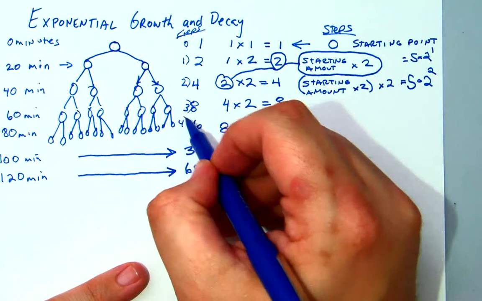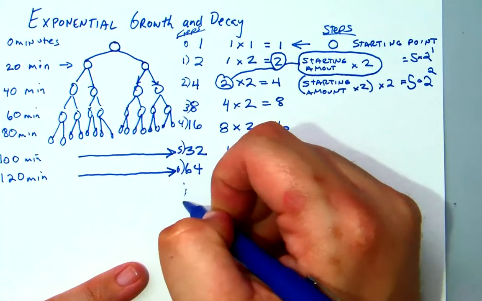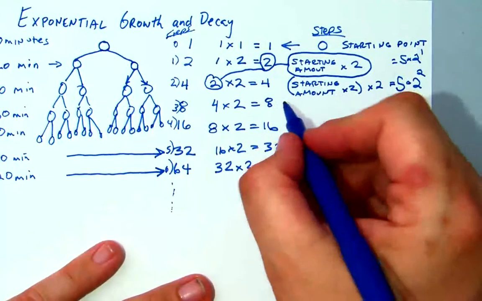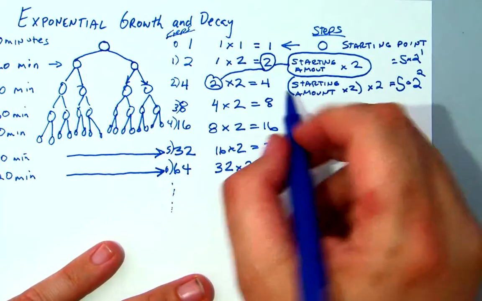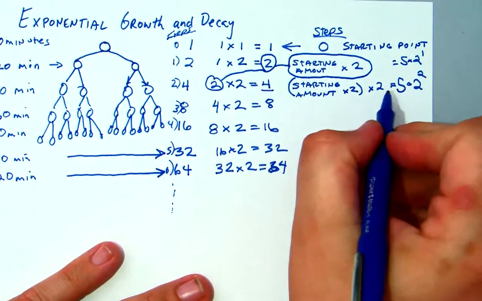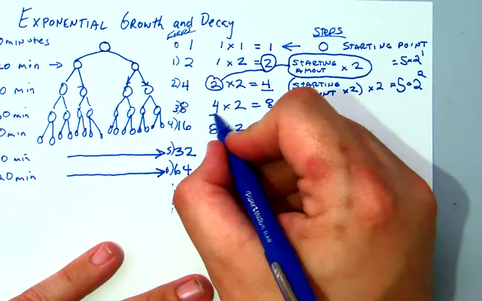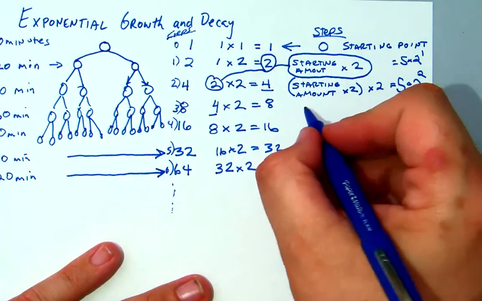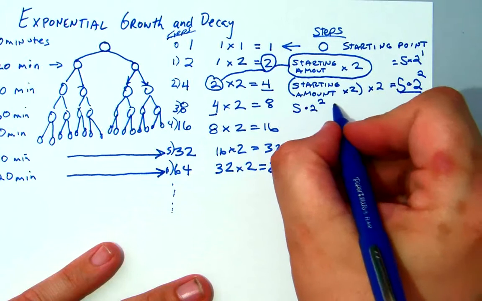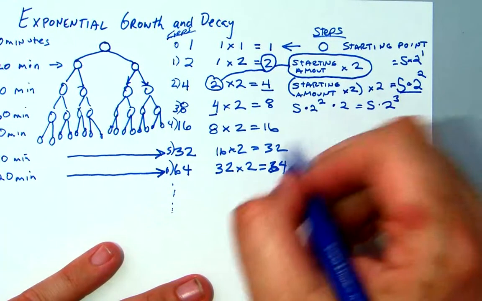That's step 4. That's step 5. Step 6. And it'll continue on and on and on. Now, the end result, the 4 here, was the starting amount S times 2 squared. So the 4 here is that same value, which is right there. So this is going to be the starting amount times 2 squared. Then we have to double it again. So now we have S times 2 to the third power.